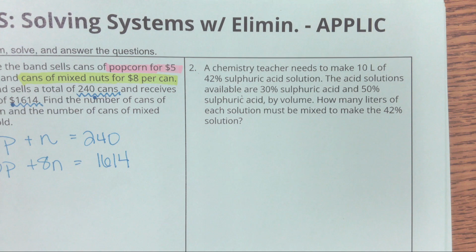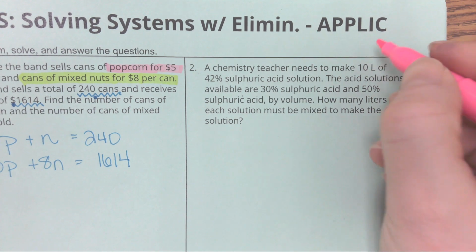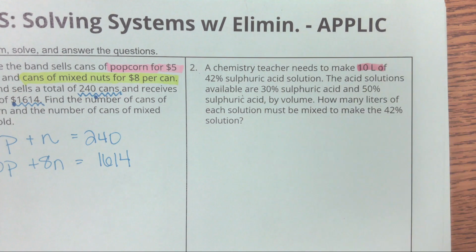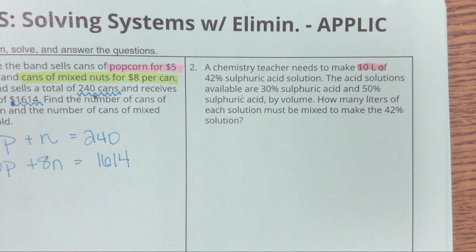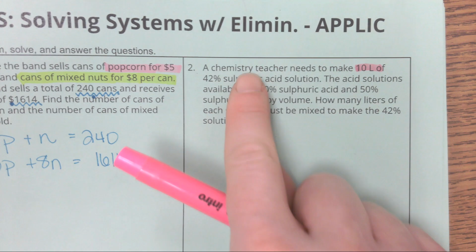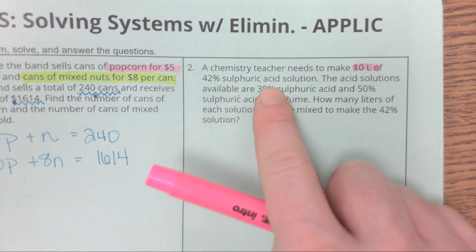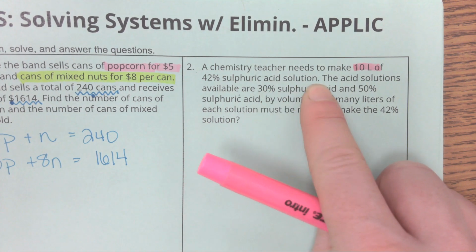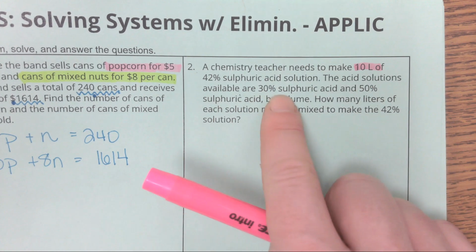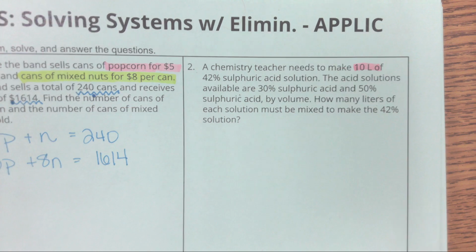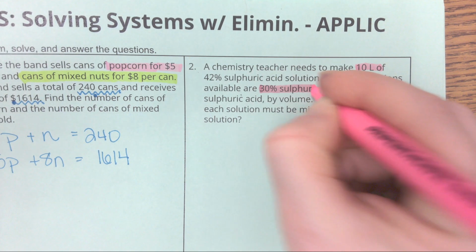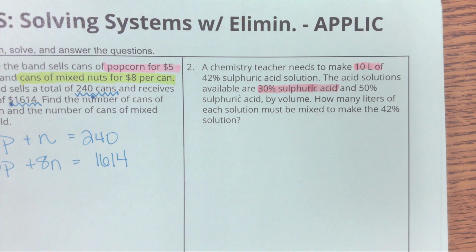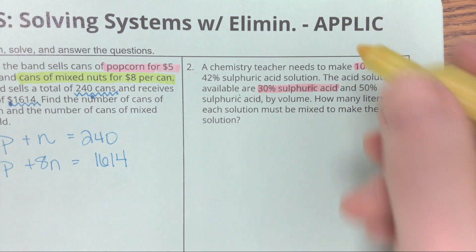A chemistry teacher needs to make 10 liters, that's my total, 10 liters of a 42% sulfuric acid solution. The acid solutions available are a 30%, I know there's a lot of percentages going on, and a 50%.